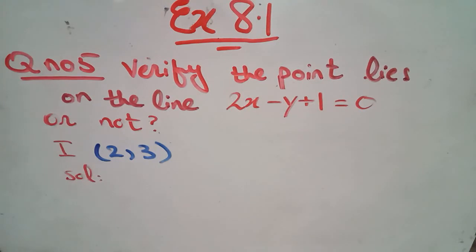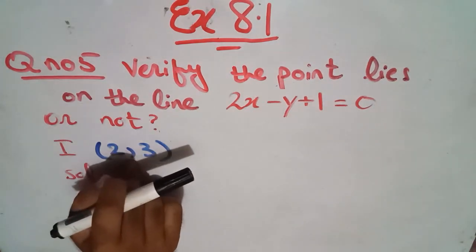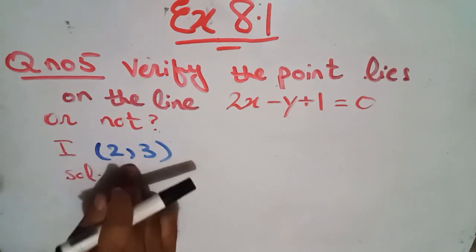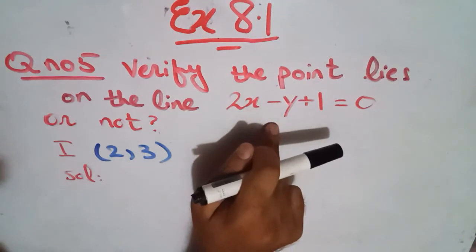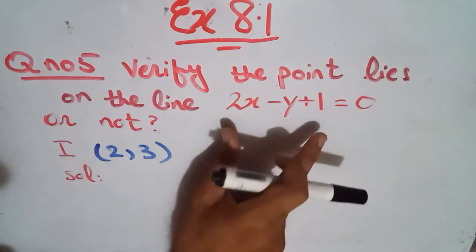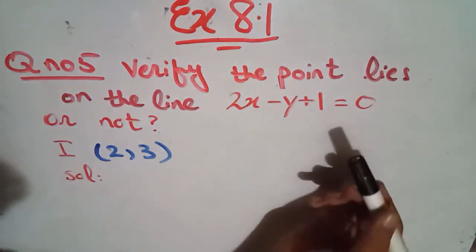Okay, in the next question, question number 5, simply you have to verify whether the given points, that is 2 and 3, lie on the line or not. How can you check it? By simply putting these values into the equation. If the right side is equal to the left side, then it lies on the line, and if it is not, then it is not lying on the line.